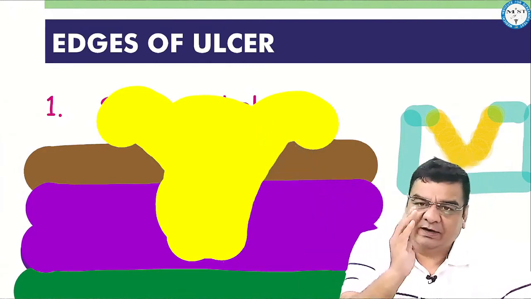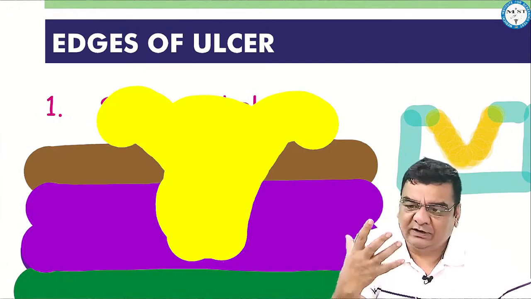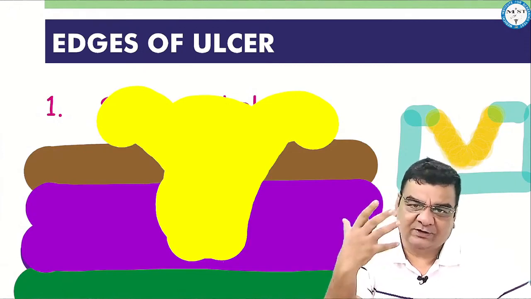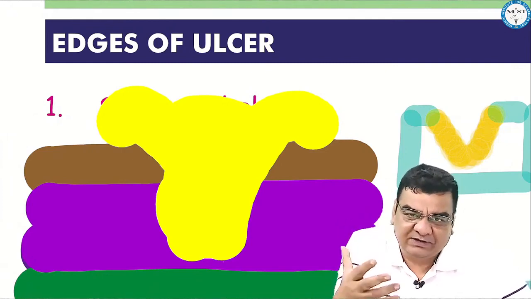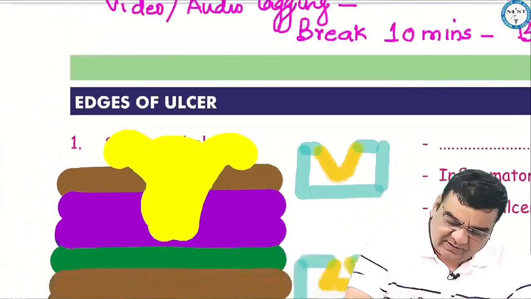So just by looking at the edges of the ulcer, we can have an idea whether we are dealing with a healing inflammatory venous ulcer, a tubercular ulcer, a syphilitic ulcer, a basal cell carcinoma, or a squamous cell carcinoma, right?